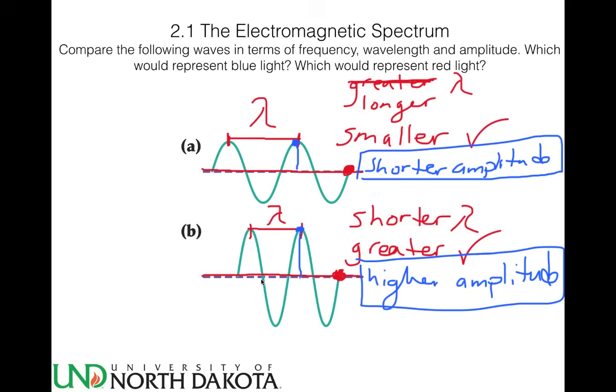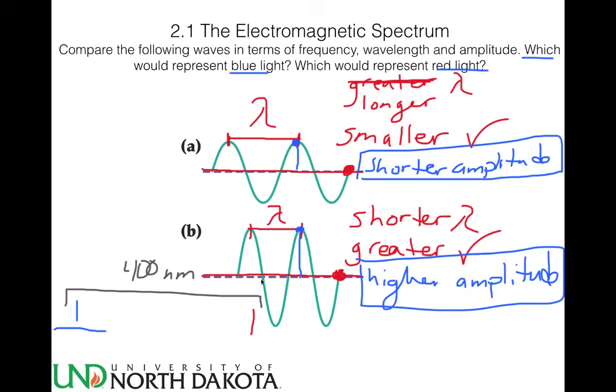Now what's next? Which would represent blue light and which would represent red light? Well, on the electromagnetic spectrum, blue light to red light is only 400 nanometers wide, where blue light is at a wavelength closer to the shorter wavelength end of the visible spectrum.